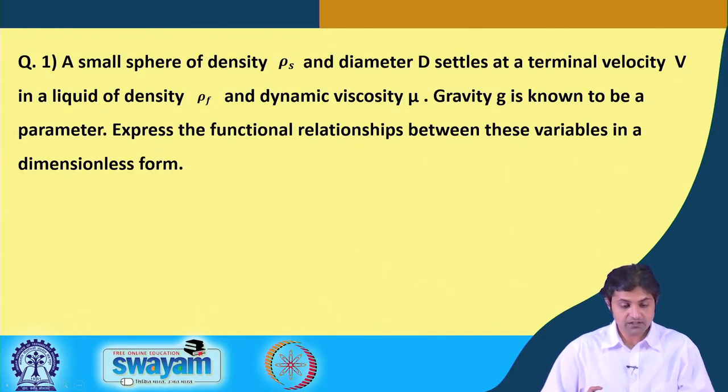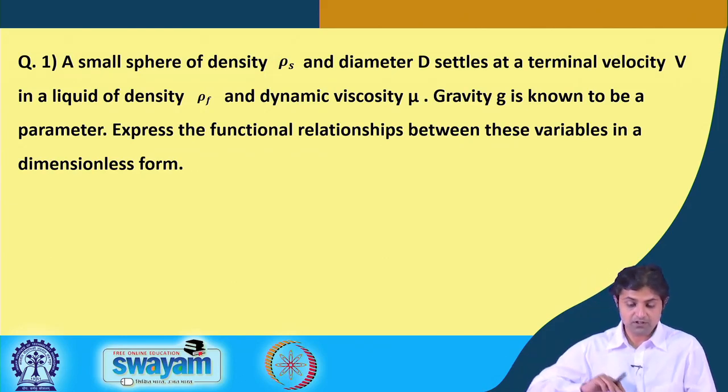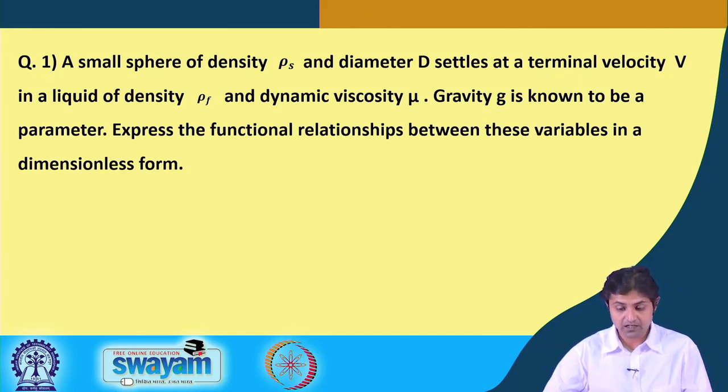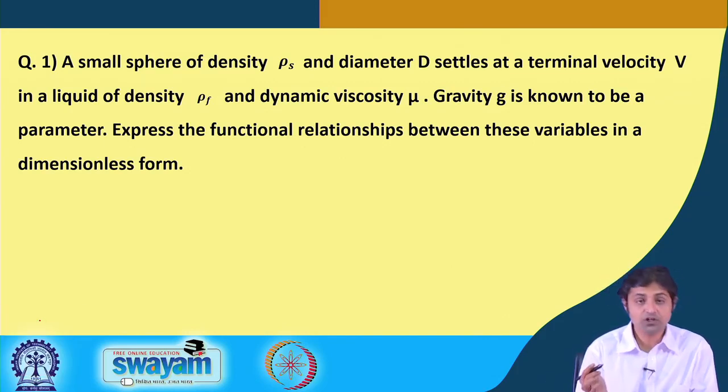So, the question is, there is a small sphere of density rho s and diameter d that settles at a terminal velocity v in a liquid of density rho f and dynamic viscosity mu. Gravity g is known to be a parameter. Express the functional relationship between these variables in dimensionless form. So, what are we going to do?